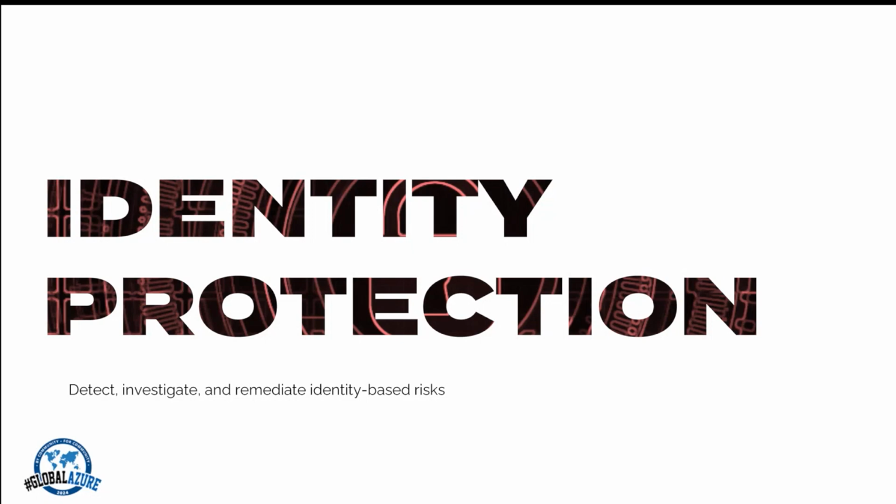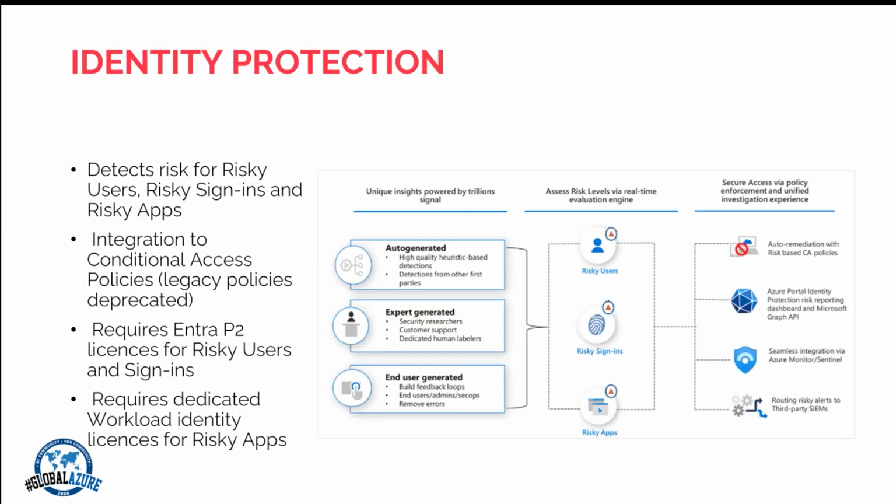What that really means is, using the platform-built AI and the threat intelligence, it's able to detect in real time if your user is logging in from a risky setup or if their authentication request is genuine. Within identity protection, there are two ways of identifying these risks.